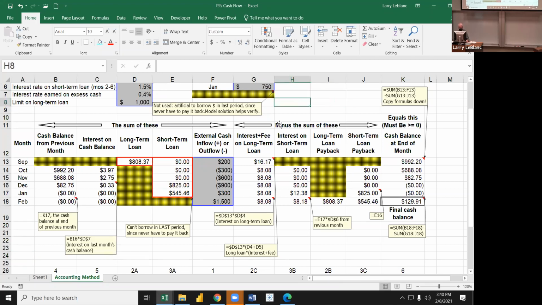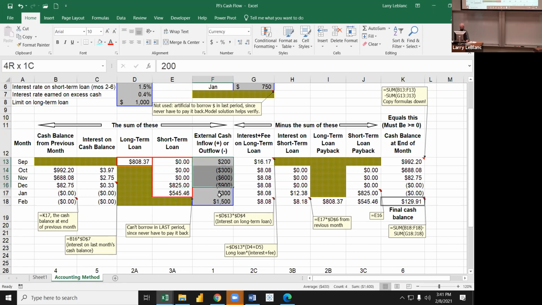Subtleties of the English. All right, in these months, cash from the previous month, interest on that same cash, changing cells. The red border for the big loan, the long-term loan and the big loan are synonyms, has one changing cell. The short-term loans have one changing cell for months 1, 2, 3, 4, and 5.